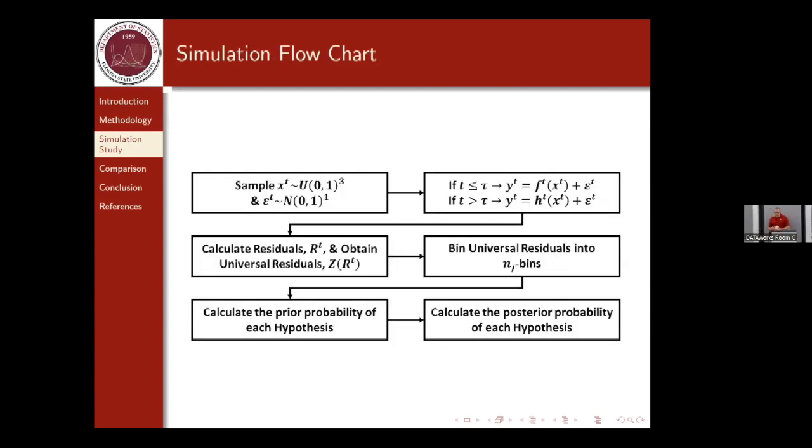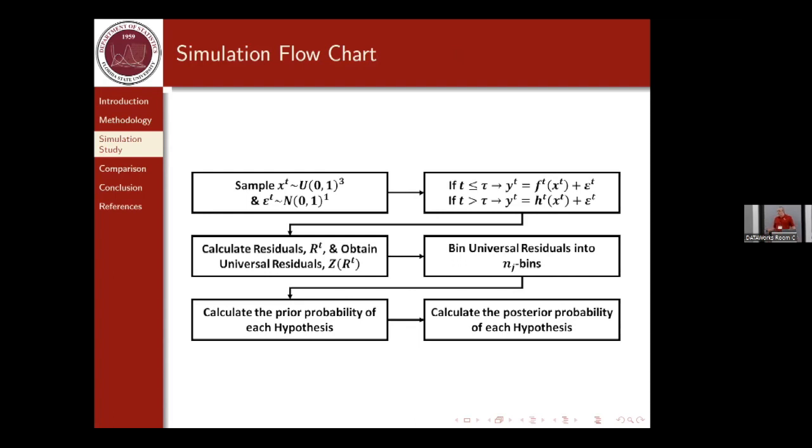During the phase 2 simulations, we are going to sample our predictors from the uniform distribution with values between 0 and 1 for d equals 3 dimensions. The noise is from the normal distribution with a mean of 0 and a variance of 1. Call again tau the last in control time step. So if t is less than or equal to tau, we're going to use that in control function f. If t is greater than tau, we're going to use the out of control function h.